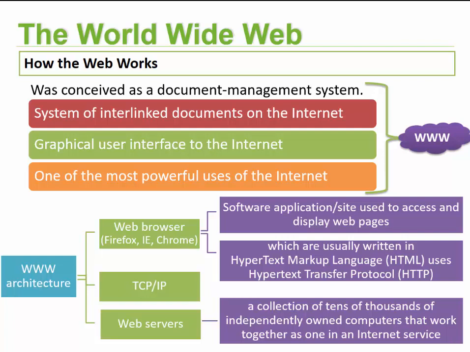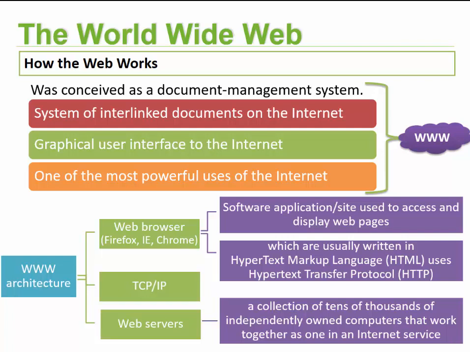Additional www architecture includes TCP/IP that we've discussed in our previous section, and it also includes web servers. Now, if you think back to our discussion about client-server architecture, we said that servers mainly perform a specific function.